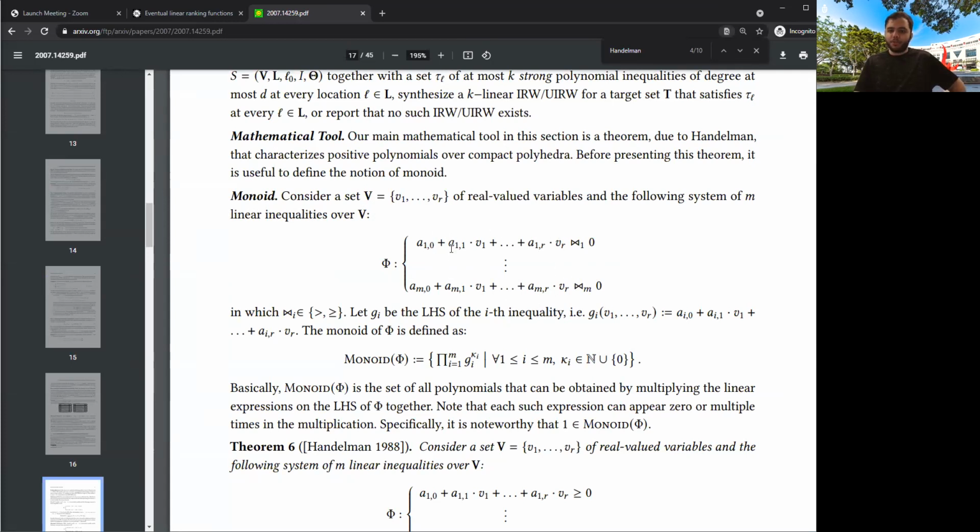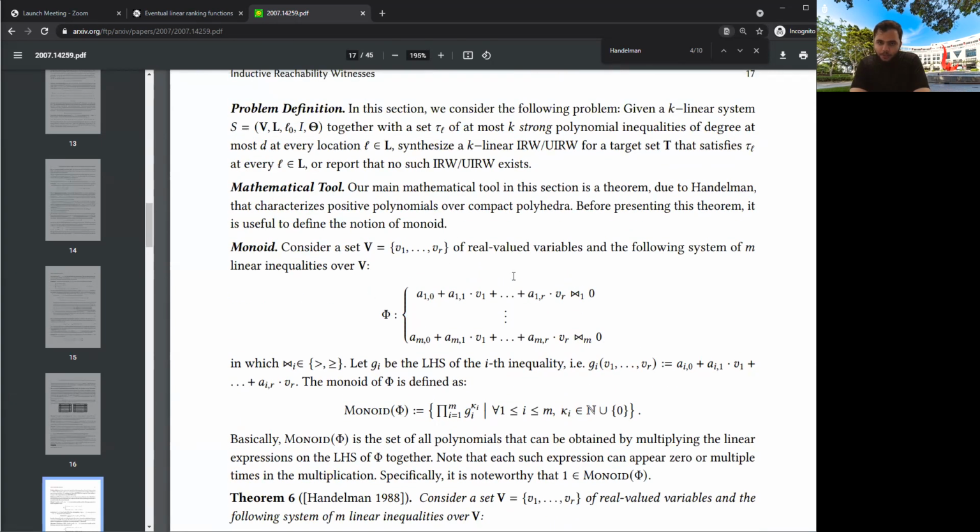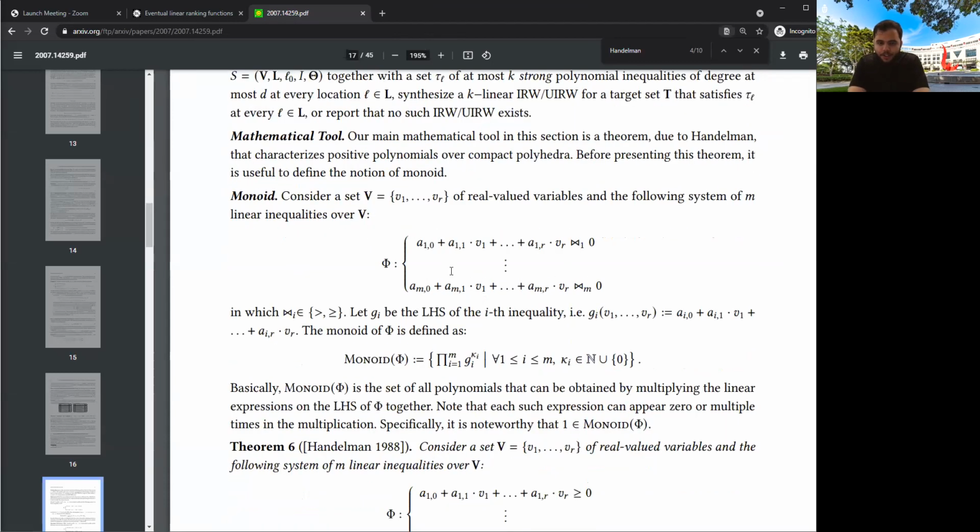So we have a bunch of linear inequalities, and this means that it's either greater than or equal to or just greater than. So it's some sort of comparison here. So we have a bunch of linear inequalities, but then from these linear inequalities, we want to deduce some polynomial inequality. So let's look into what kind of polynomial inequalities we can get out of our linear inequalities.